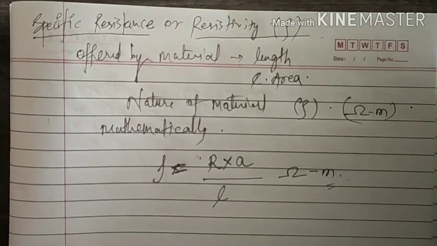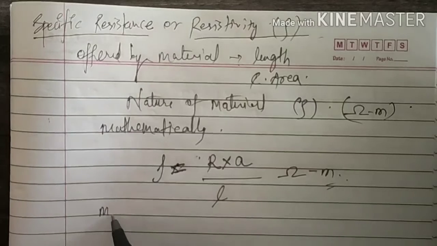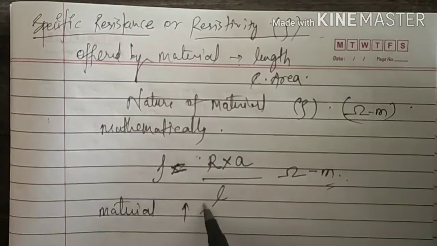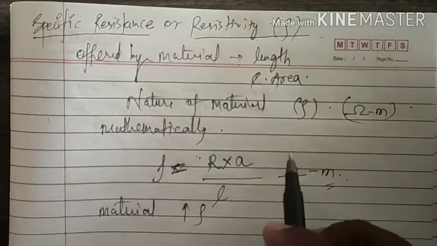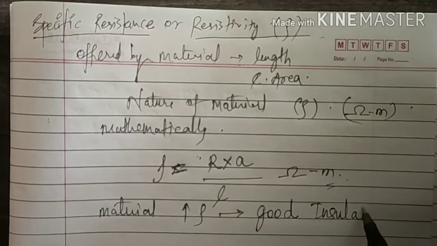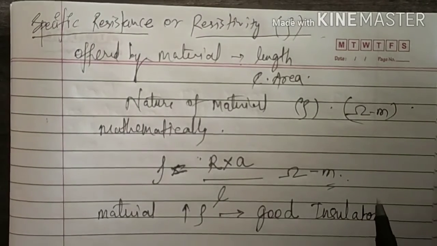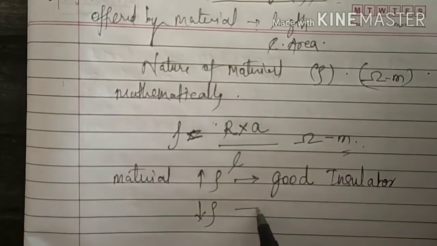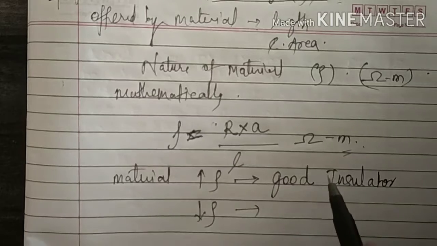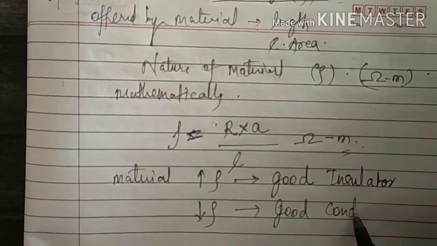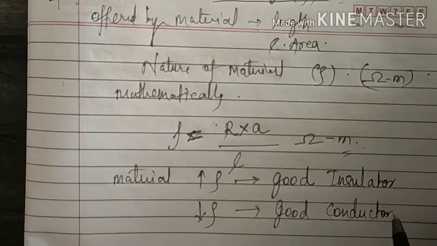If a material is having a high resistivity, then it is called a good insulator. And if a material is having less resistivity, then it is called a good conductor, opposite to that of an insulator.